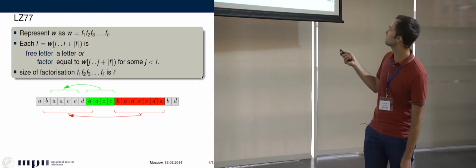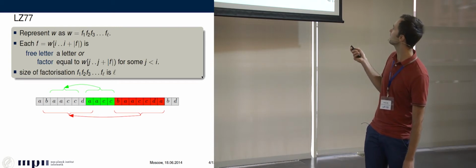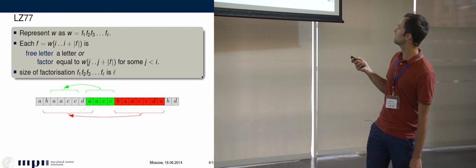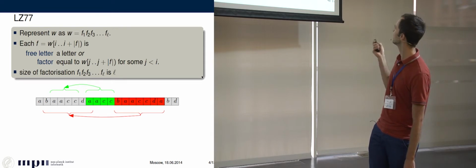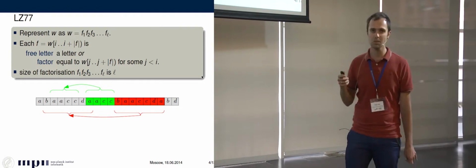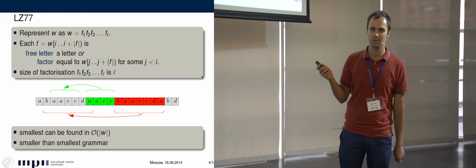But for instance, this part was already here, so this is one factor. This is also one factor which appeared here. And you can see that the size of this factorization is 1, 2, 3, 4, 5, 6, 7, 8, 9, 10, 11. So the size of the factorization is 11, and this is actually the smallest factorization, if I didn't make any mistake.